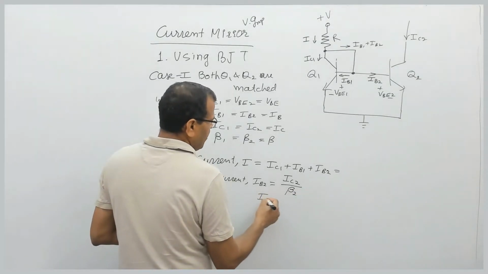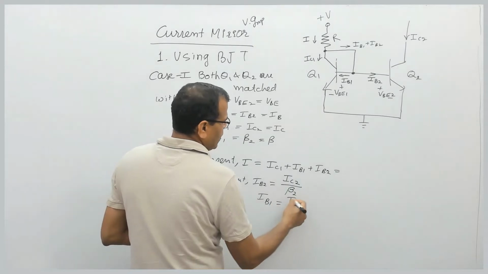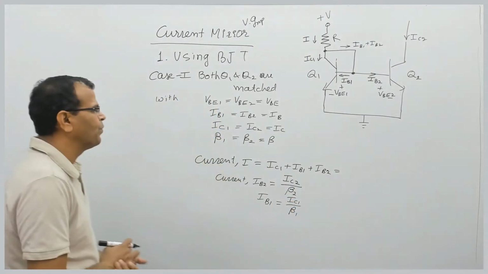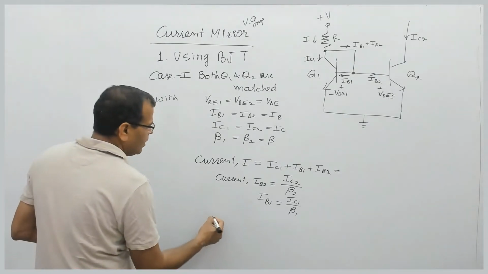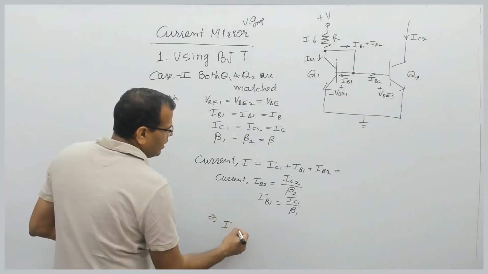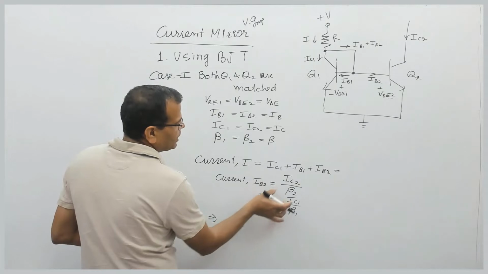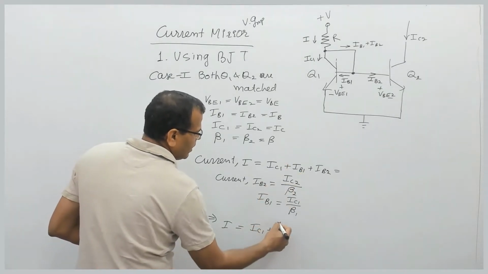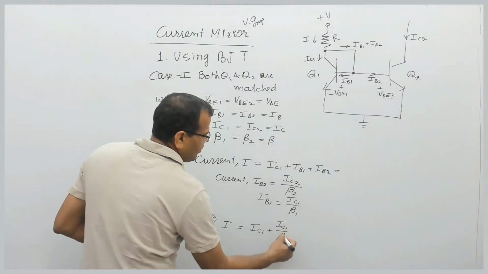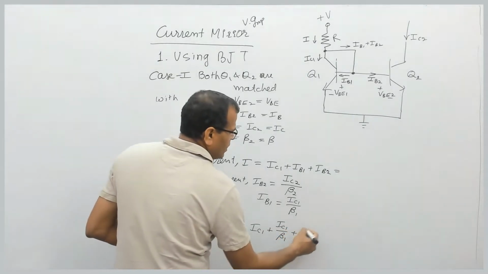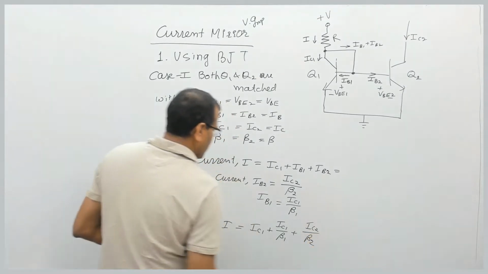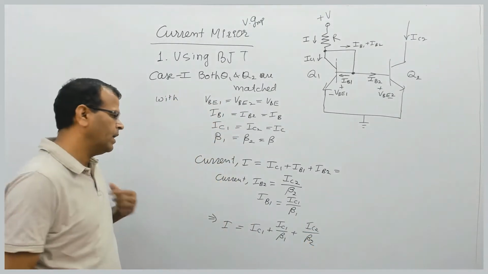Similarly, what is IB1? That is IC1 upon beta 1. So what do we get from here? The current I is equal to, you can put these two expressions here, that is IC1 plus IC1 by beta 1 plus IC2 by beta 2. This is the expression of current I.